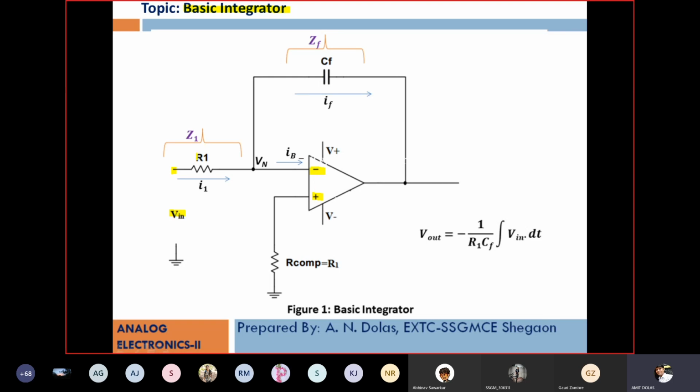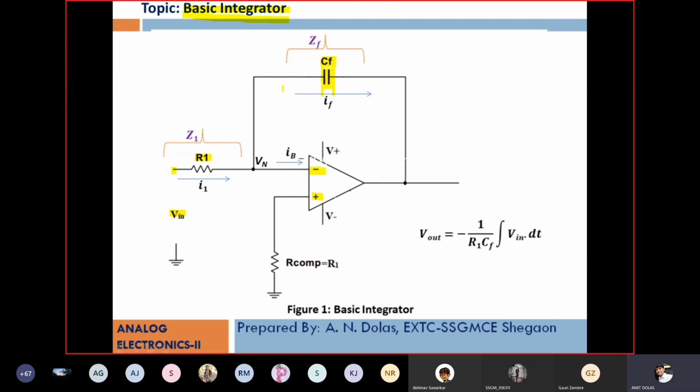Then you can see the input resistance R1 is connected, and one change: wherever RF was there in the amplifier, that RF is replaced by a capacitor called CF. If the feedback resistance is replaced by a capacitor, then the circuit will work like an integrator.